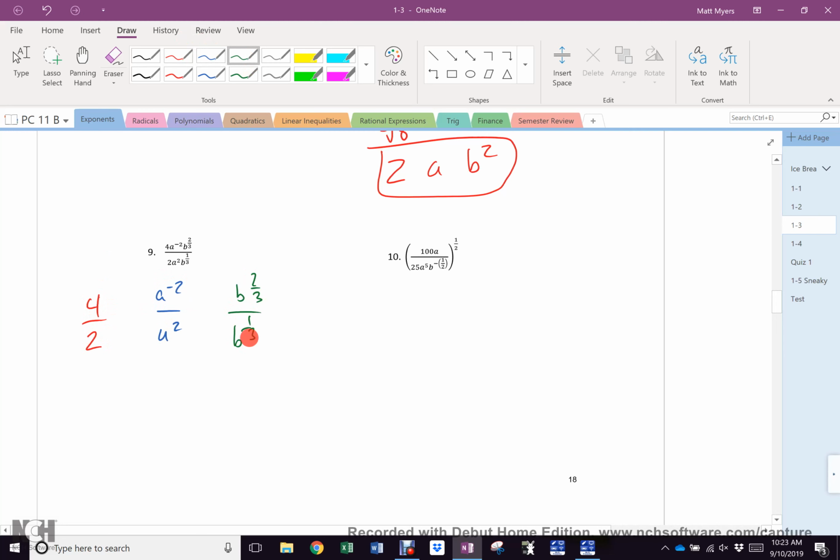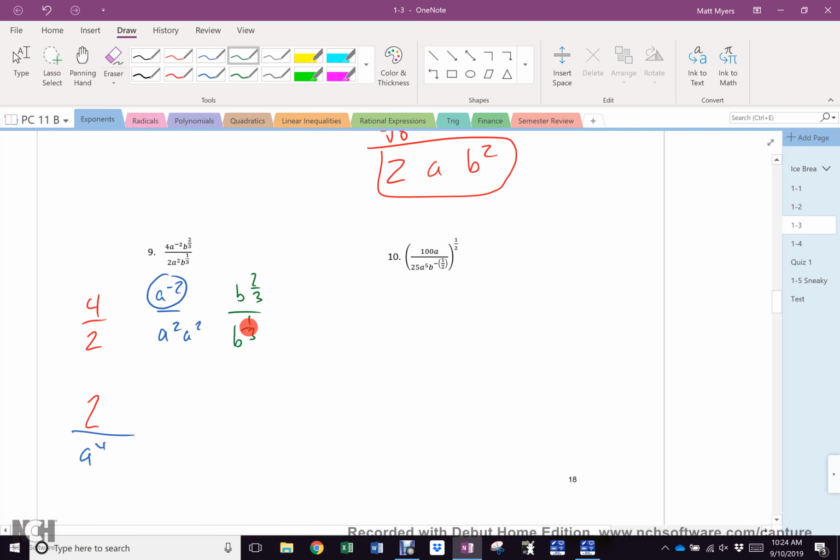Right? What is 4 divided by 2? 2. Where should this A go? Just this one. It should go down there, and I would get A to the what? A to the 4th in a denominator.